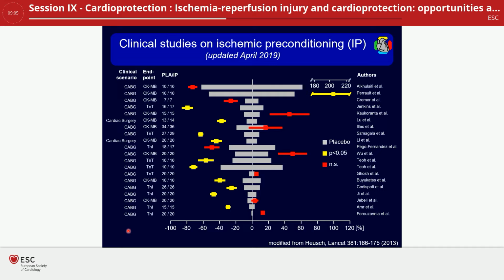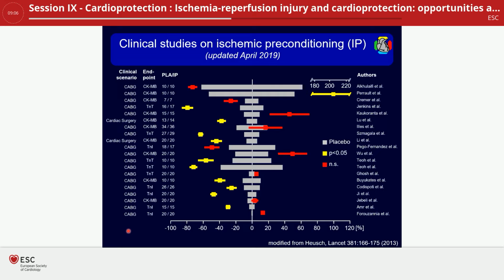So you can tell that the majority of studies, and many of them also significant, showed a reduction of infarct size parameters. But then again, being critical here, this is only during coronary artery bypass surgery, because preconditioning can be used only in a planned, elective intervention, and not in an infarction where you never know when it happens. The group and cohort sizes are fairly small, and the parameters are largely indirect, that is creatine kinase or troponin release.